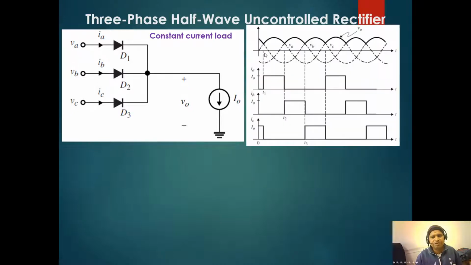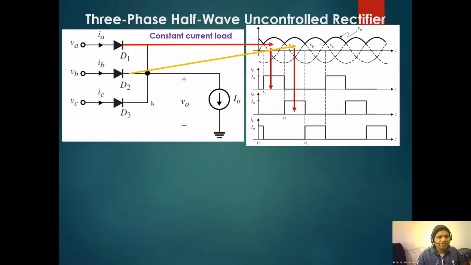So during this period D1 conducts, and the current I0 will be carried by D1. At this junction, VB is higher, so D2 conducts and the load current is carried by D2. Similarly, after this, D3 is conducting during this period, and D3 carries the load current.